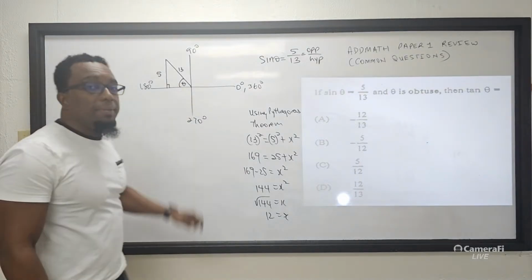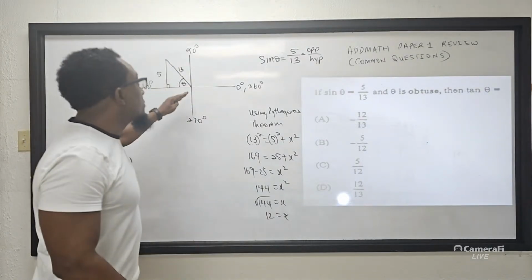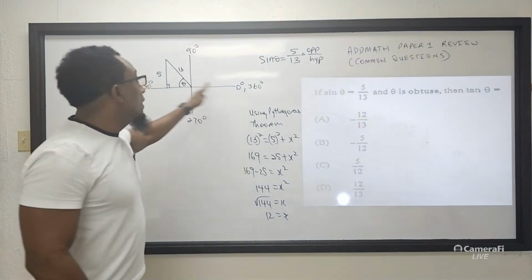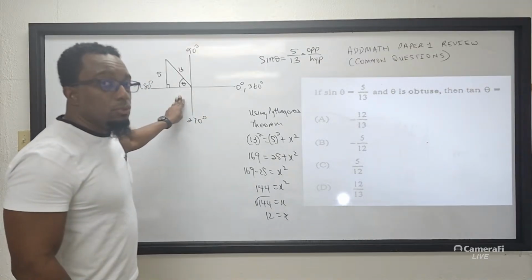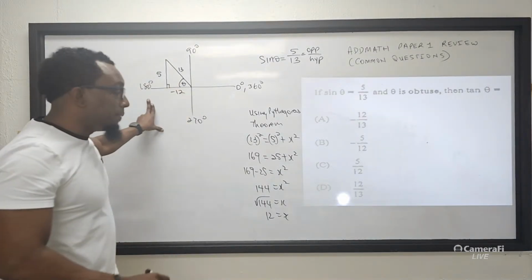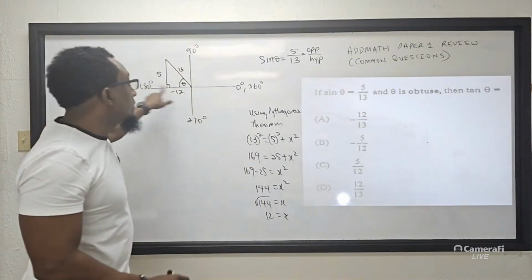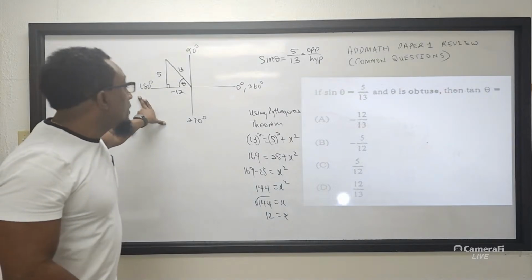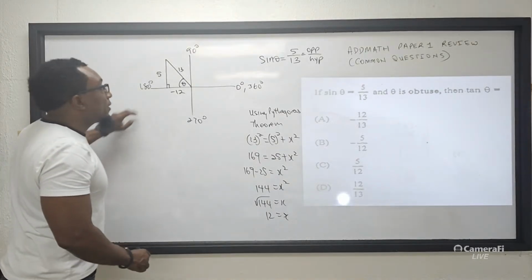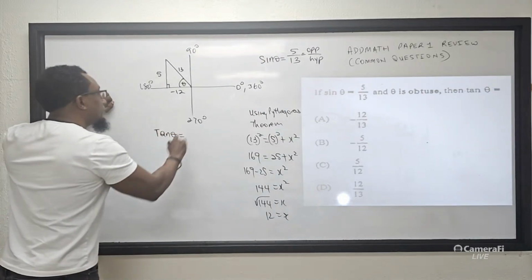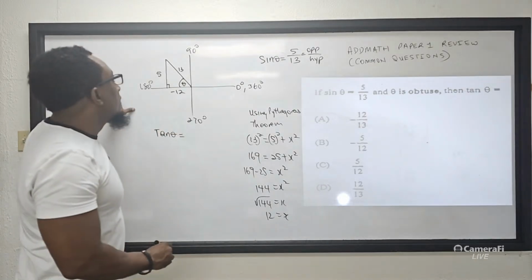But we have to be very careful. Remember, this is on the what? Consider this to be your positive axis and your negative axis. So this here, of course, will be negative 12. So you can't write positive 12, right? Because it's on the negative side of the x-axis. So therefore, now that we know all three sides, tan theta is equal to what?